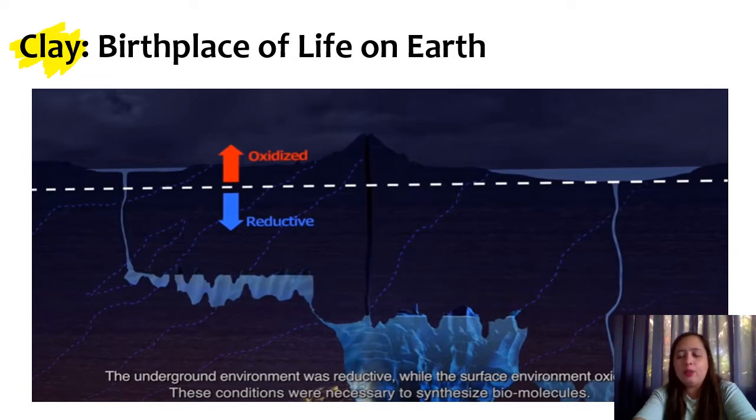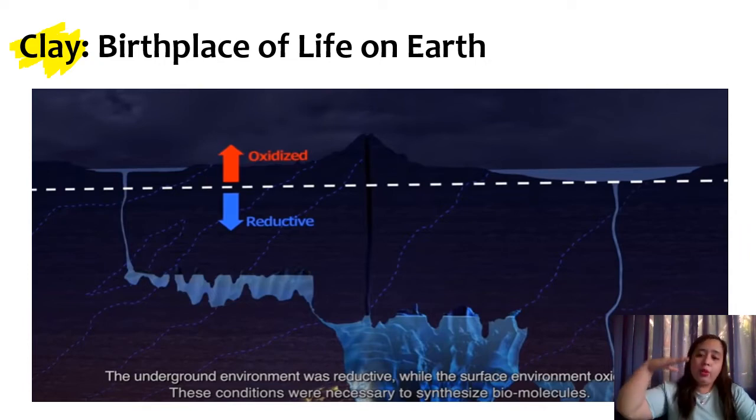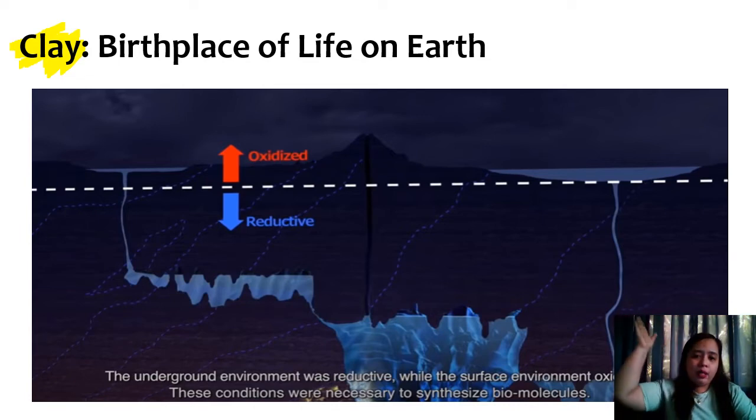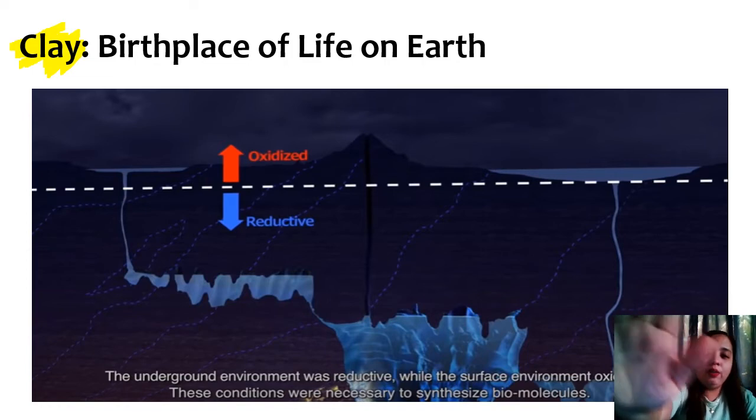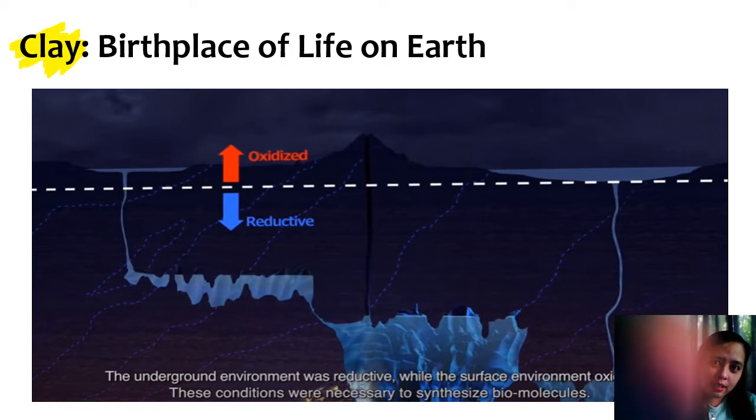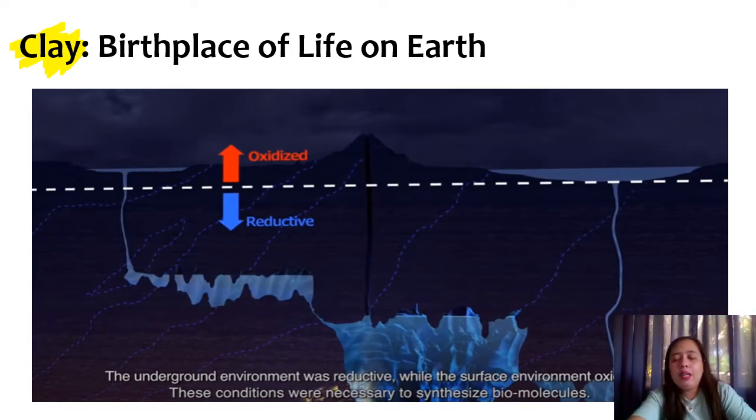Now, let us see if this is true. In the primitive Earth, it was said that the upper portion, the above ground, is highly oxidizing. What do we mean by oxidizing? Leo the lion says ger: loss of electrons is oxidizing.